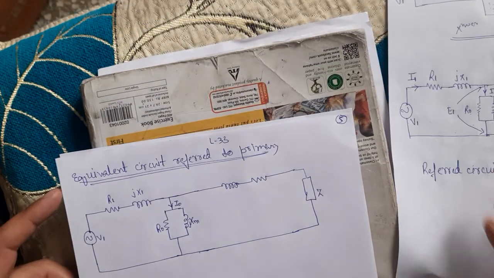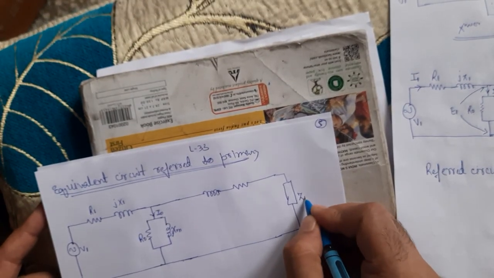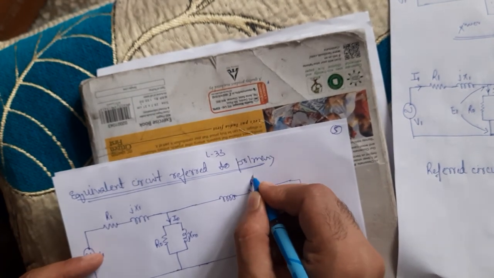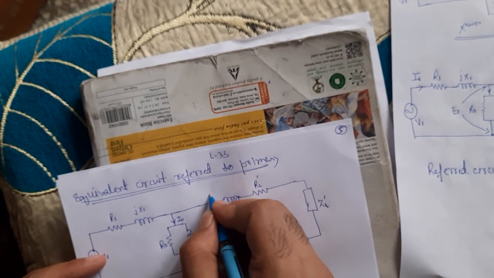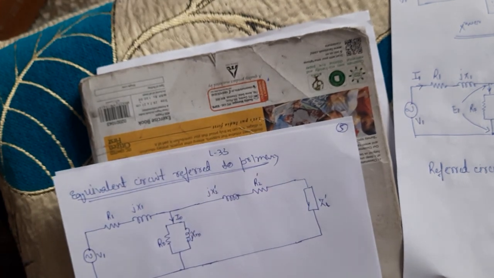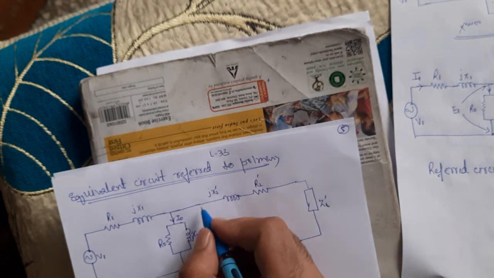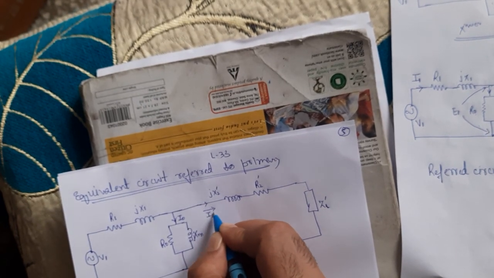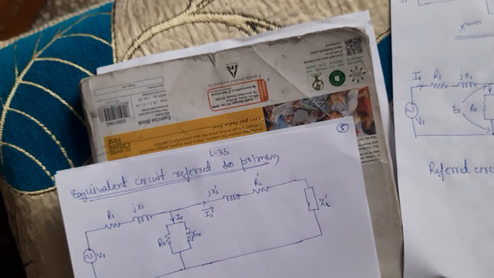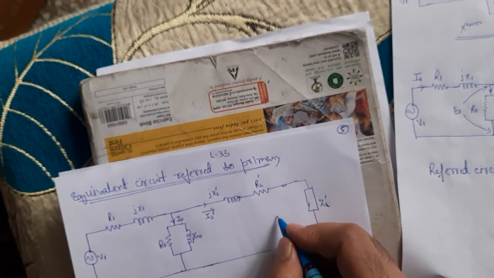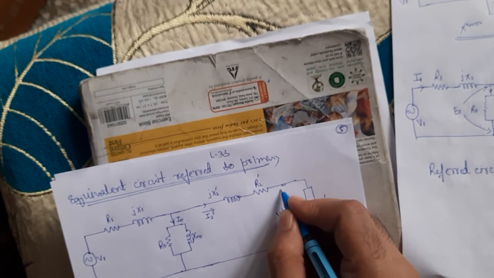So ZL will be represented by ZL dash, R2 by R2 dash, X2 by X2 dash. The current that was I2 will be represented as I2 dash, and the voltage that was V2 will be referred to as V2 dash.